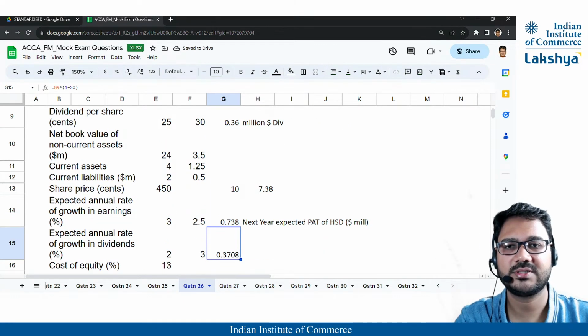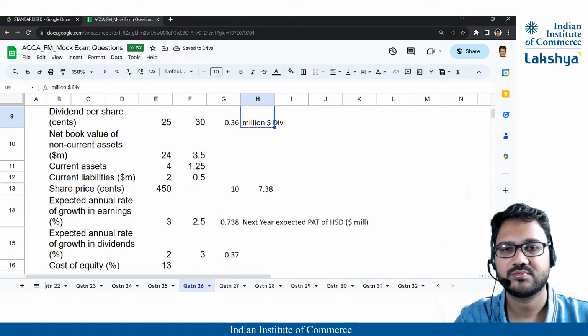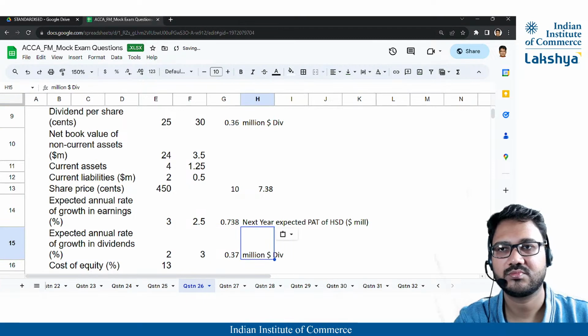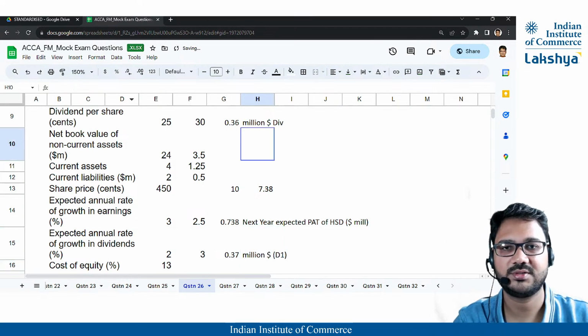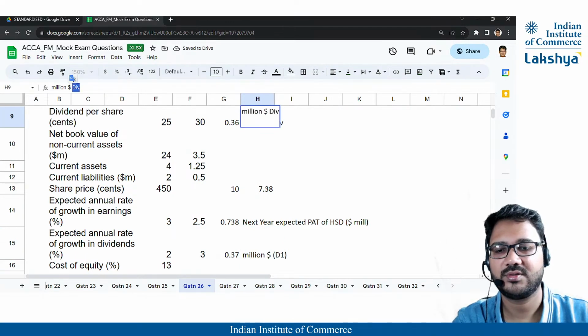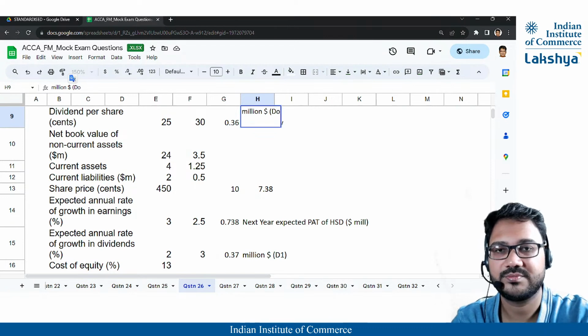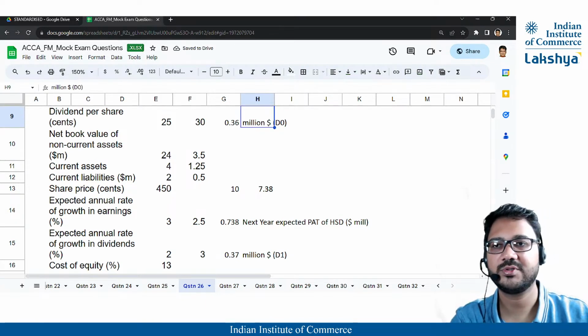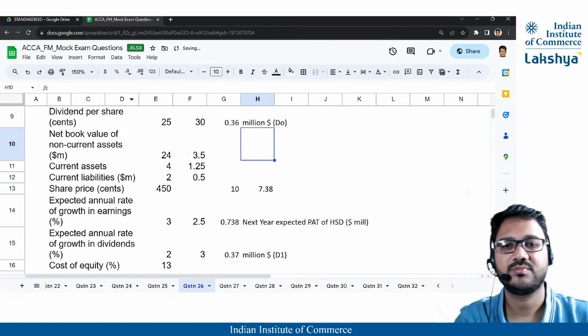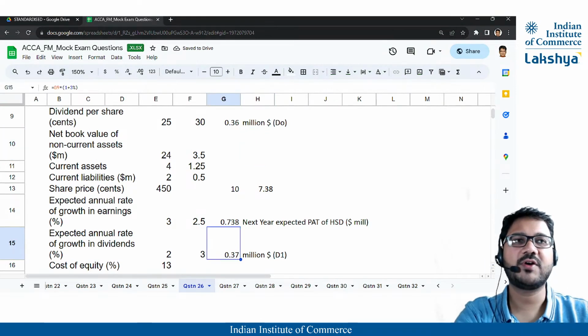So 3.7 million, you could say. I'll just write it. It's D1, the current dividend is D0. Right, so now we found the dividend.